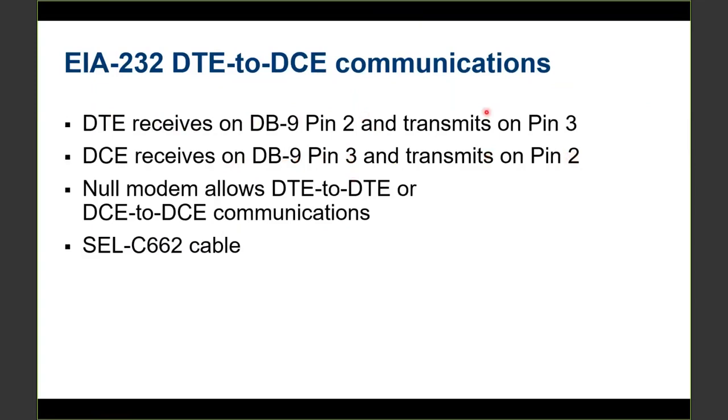Okay. And so you see that these basically can be connected. The transmit of the DTE device, pin 3, can be connected directly to pin 3 on the DCE device, and vice versa. The pin 2 can be connected directly to pin 2. So you don't need to roll your communications.